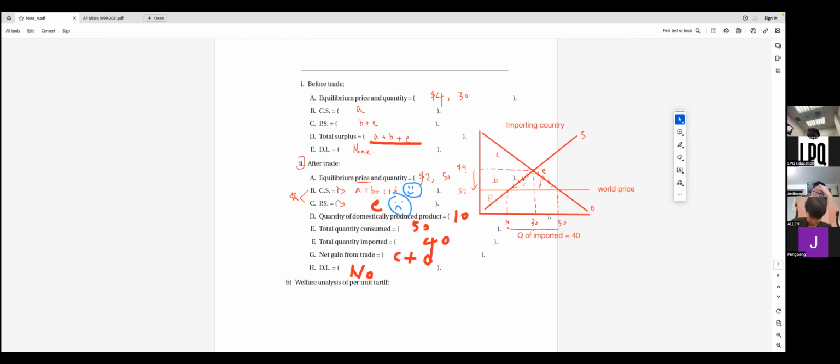Okay, so what do I mean by make America great again? Based on Trump's idea, he wants to protect the traditional manufacturing industry.